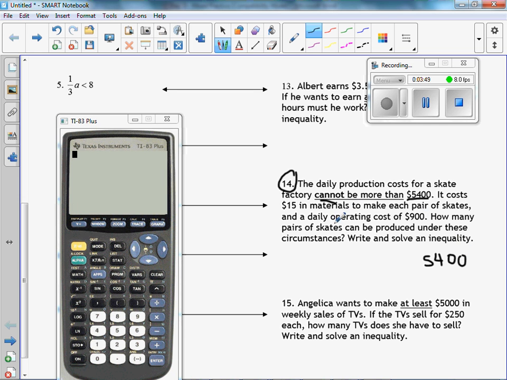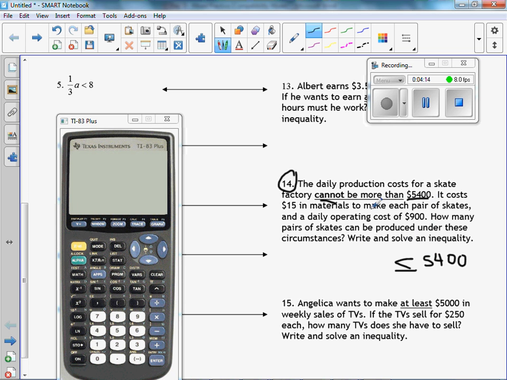So it cannot be more than 5,400. So how are we going to put this inequality? If it cannot be more than, then it must be less than, so we're going to point it this way. We're always going to point to the smaller area.